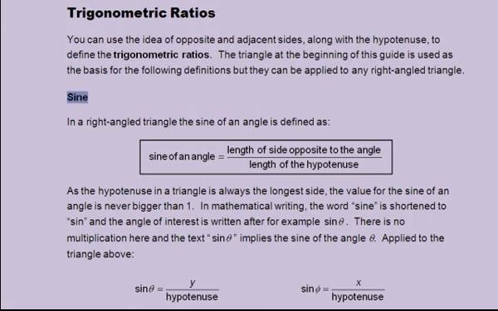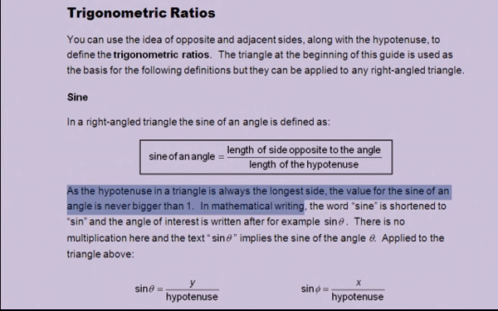Sine. In a right-angled triangle, the sine of an angle is defined as sine of an angle equals length of side opposite to the angle divided by length of the hypotenuse. As the hypotenuse in a triangle is always the longest side, the value for the sine of an angle is never bigger than 1.